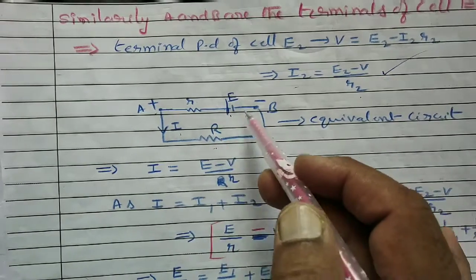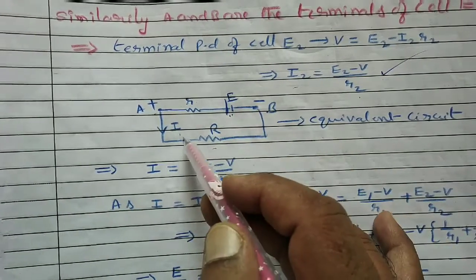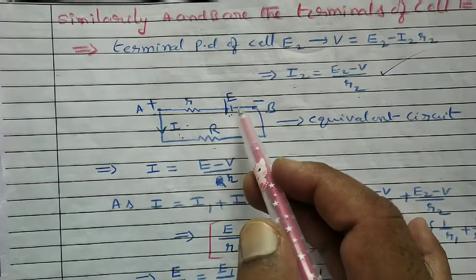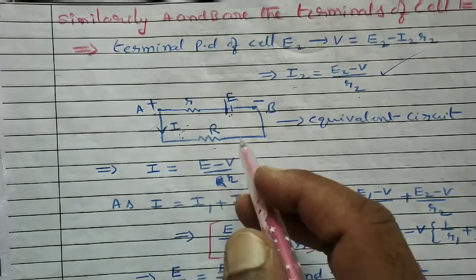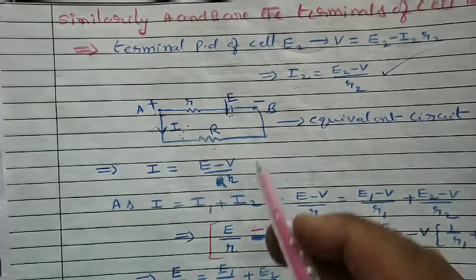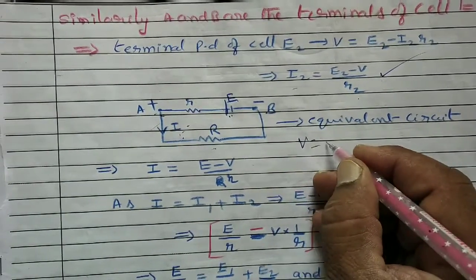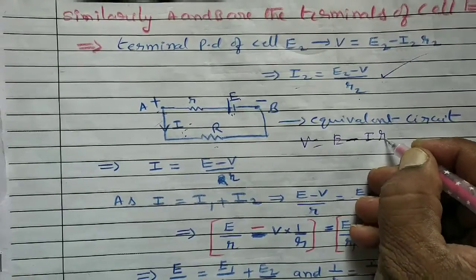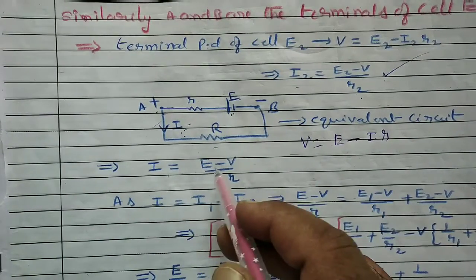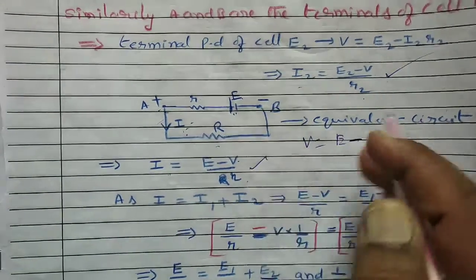The equivalent cell is drawn, through which I have to show the total current. Now this cell's EMF is E and internal resistance is R. Current passing through the cell is I. That is why terminal potential V must be equal to EMF minus current into internal resistance. From that, current is equal to (E minus V) by internal resistance.